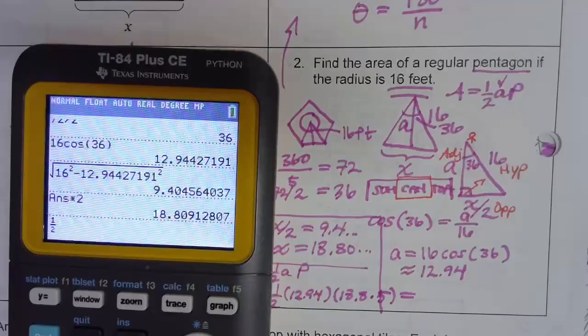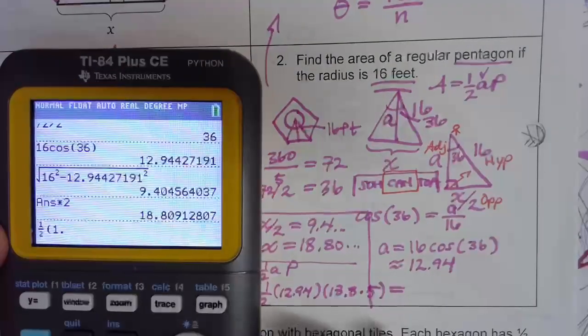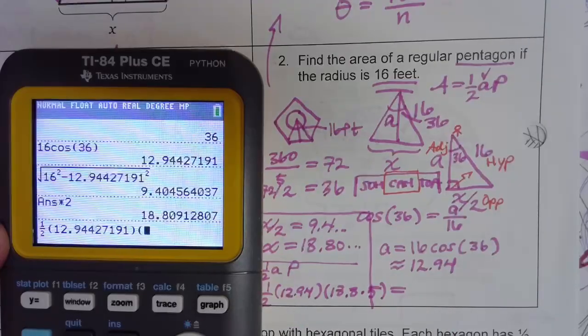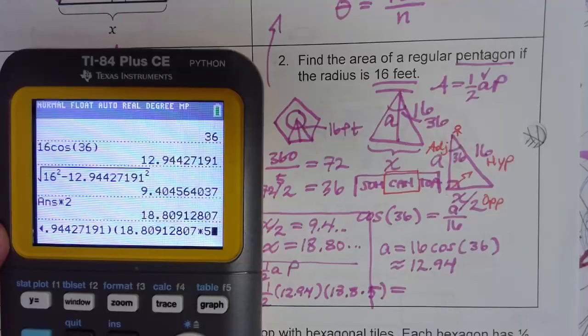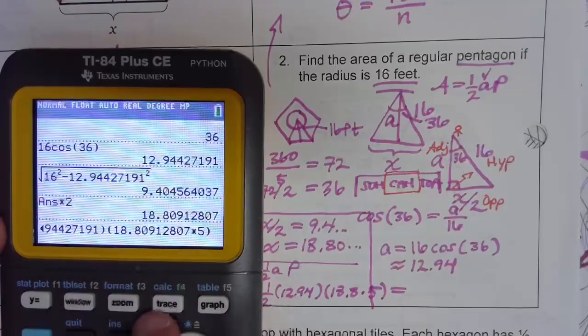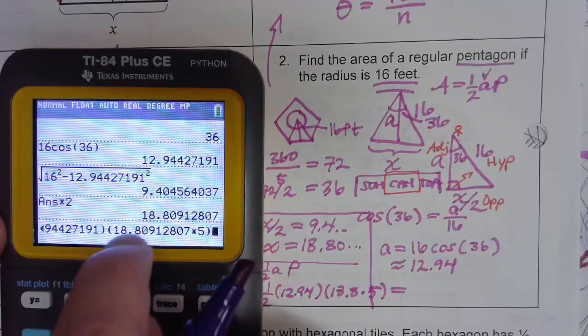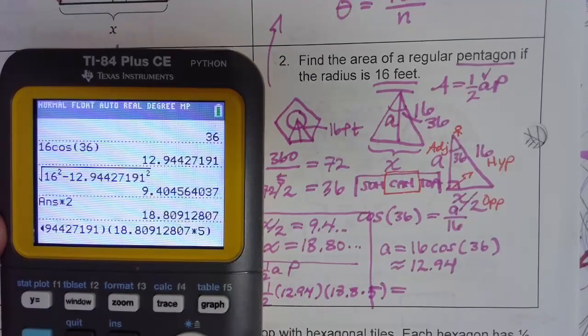And so for our final answer, we'll put that on the calculator. That's 1/2 times 12.94-ish, and then this number to represent our x, times 5. So again, here's the perimeter in total. There's 5 sides. Each of them is 18.8.